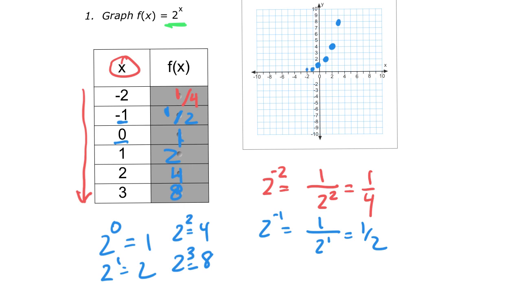But we have a curved function here. It shoots up very fast, approaches the x-axis, but never touches it. That's very important. That line has a special name, which we'll get to in just a moment.